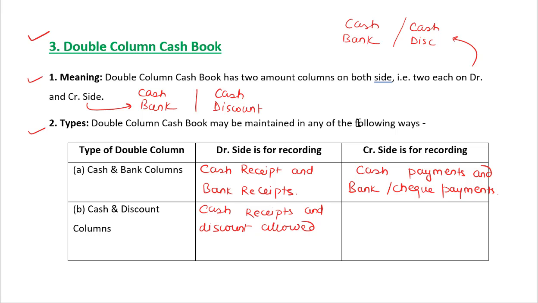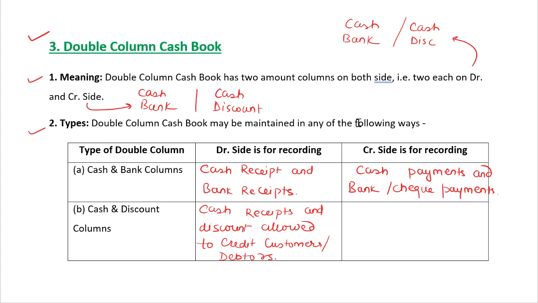We should debit it. So, discount allowed. To whom will we allow discount? To debtors, obviously. Credit customers, which are also known by the popular name debtors. I hope it is clear.